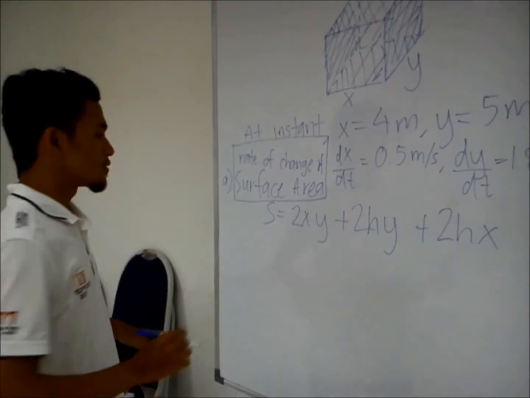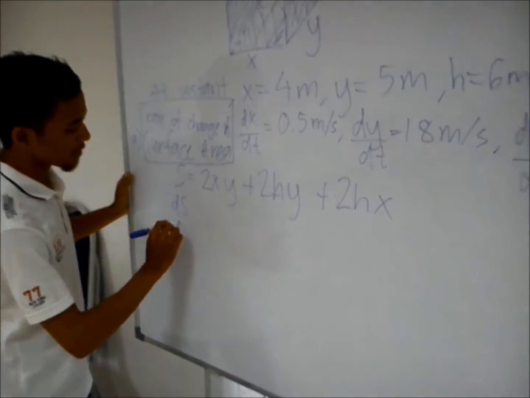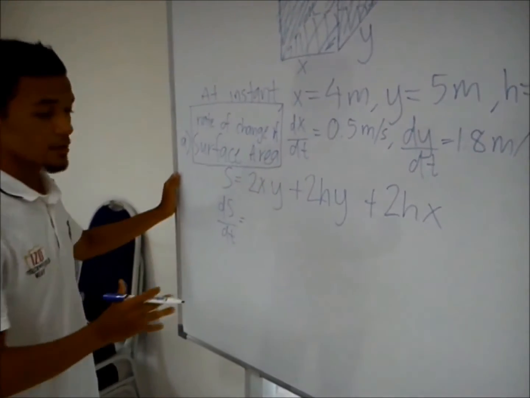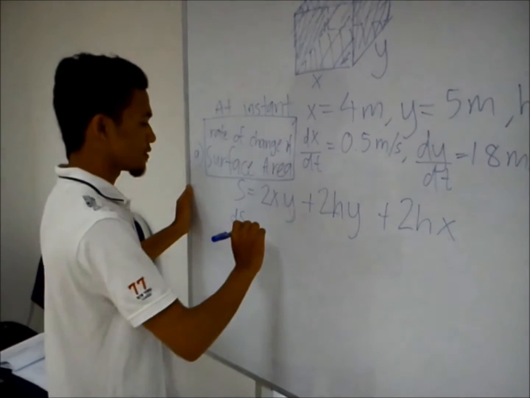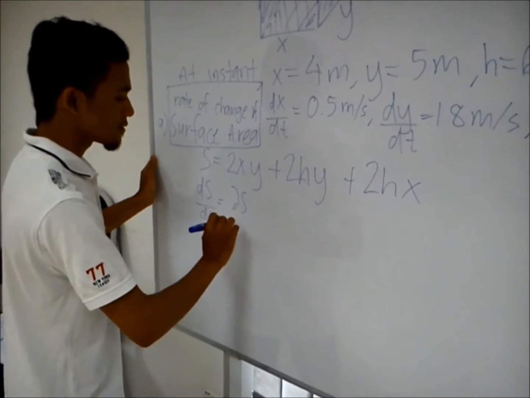Okay. So to find the rate of change of surface area with respect to time, we need to write an equation to describe the relationship, which is dS over dt.